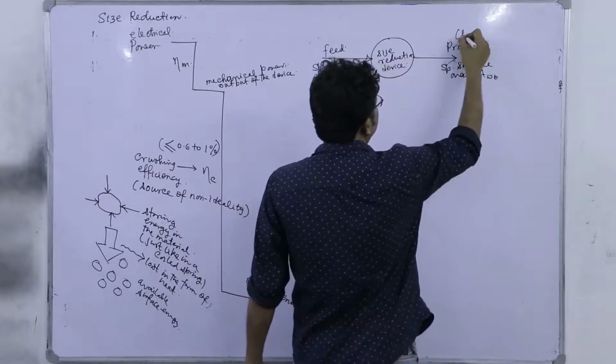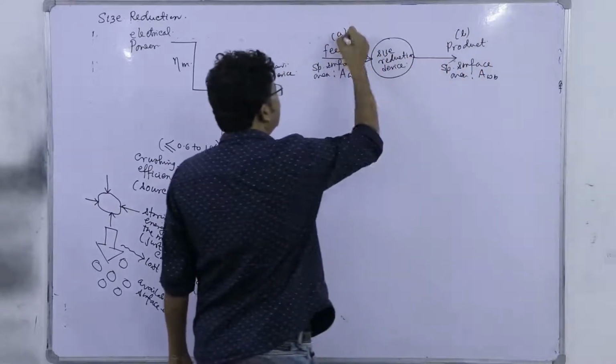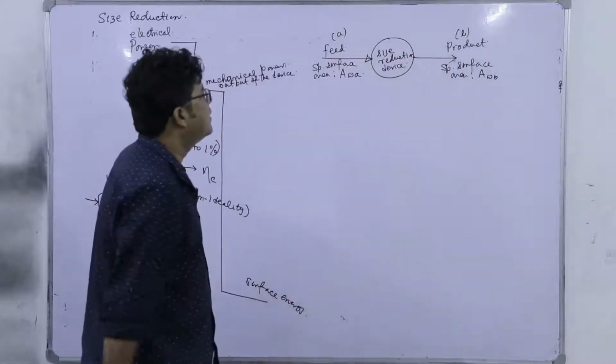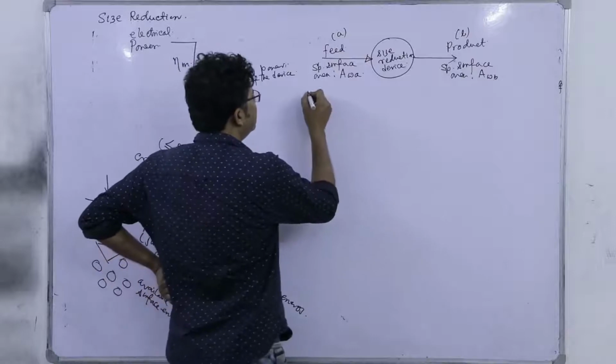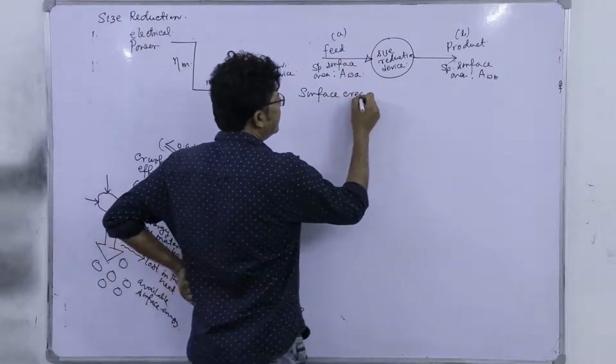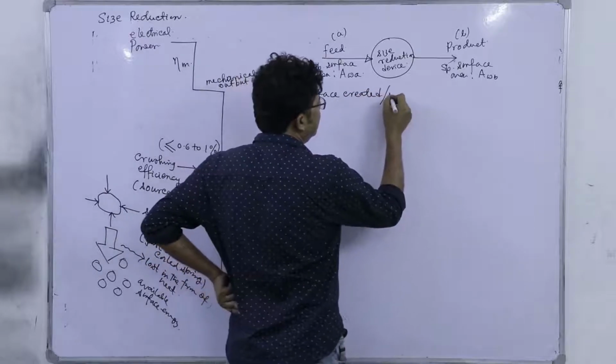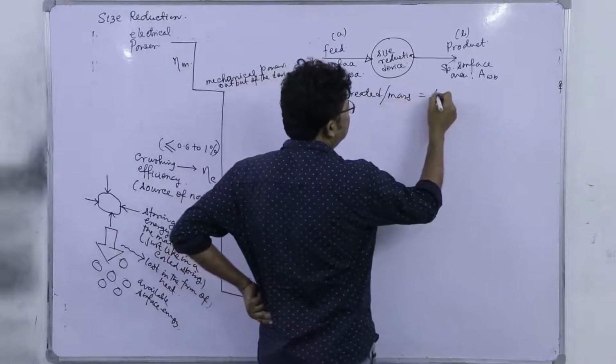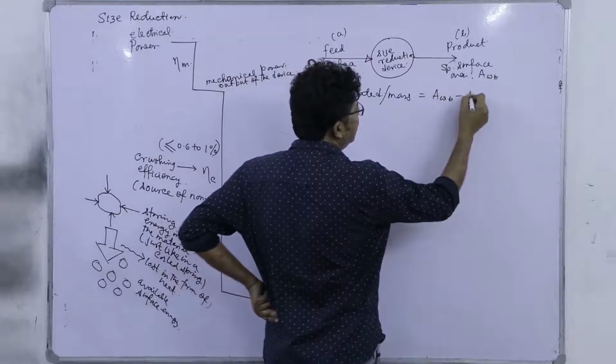The product is marked as stream B, the feed as stream A. So the surface created per unit mass is definitely AWB minus AWA.